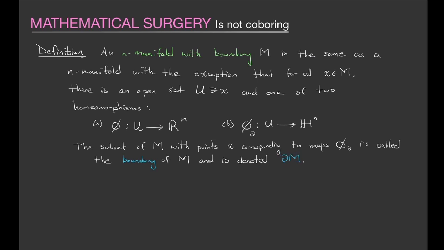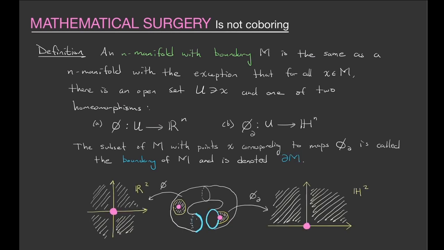Let's take a look at what this means diagrammatically. If we have, let's say, this torus that has been cut, and we look at points on the torus, let's say we in particular look at this point on the left. Around there, we can find this open set U in yellow and white, and then map that into R2 so that really this little circle here, or this disk, is just like R2.